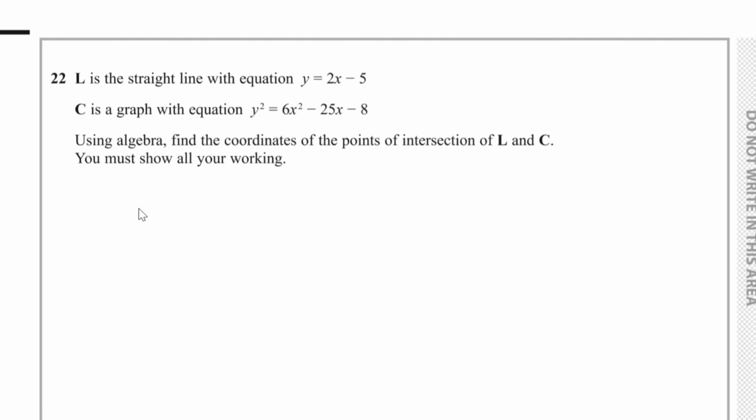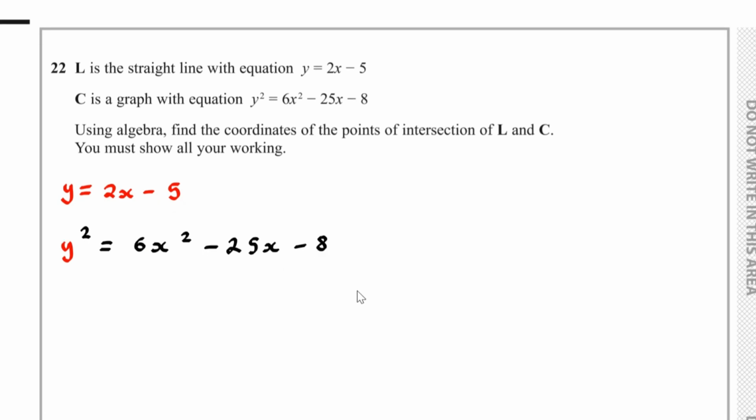Well, I've got y equals 2x minus 5, and I am solving this simultaneously with y squared equals 6x squared minus 25x minus 8.